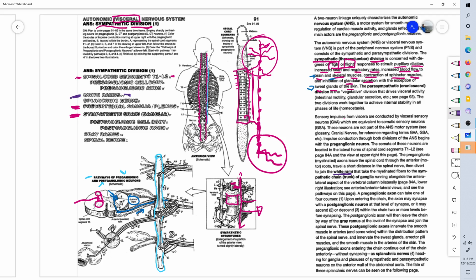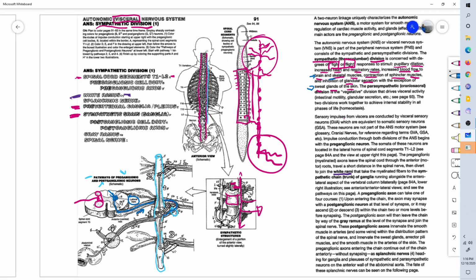It branches off from the spinal nerve right here. It's this little structure right here, the white ramus. A little tube carrying this preganglionic sympathetic fiber or neuron.